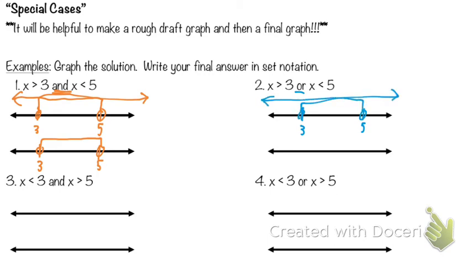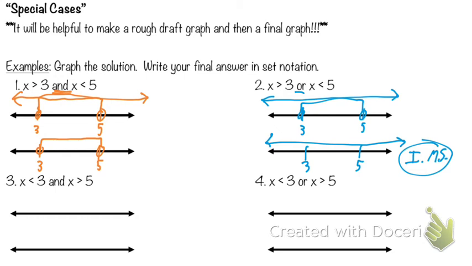Now for "or," we want at least one of them to be true. Well, if we look at this, we see at least one is true over here, but there's at least one true over here too. So "or" really ends up covering the whole thing. So we actually have 3 and 5, every single number covered, which means there's IMS, infinitely many solutions.